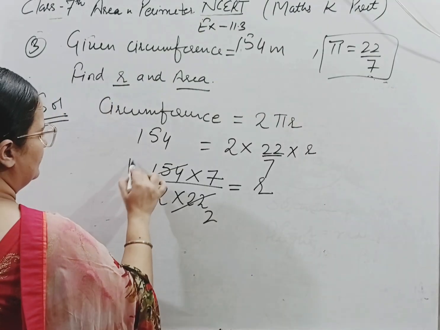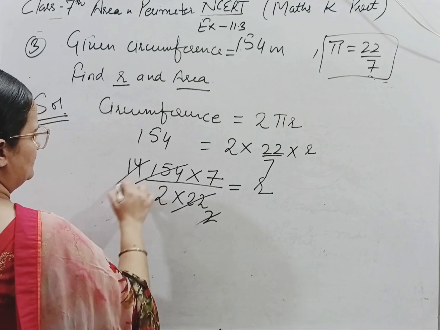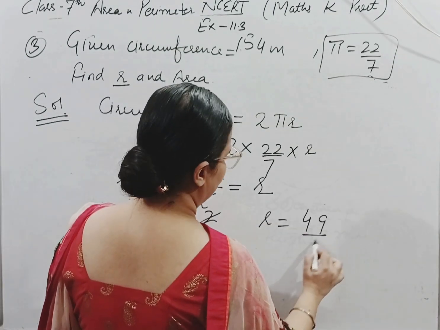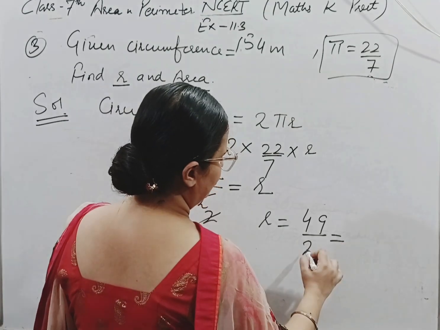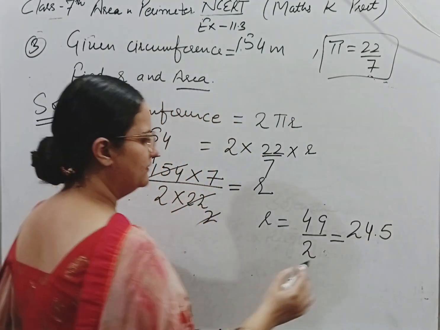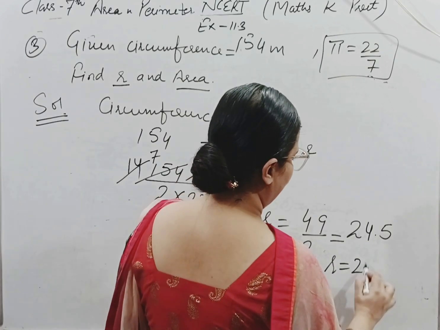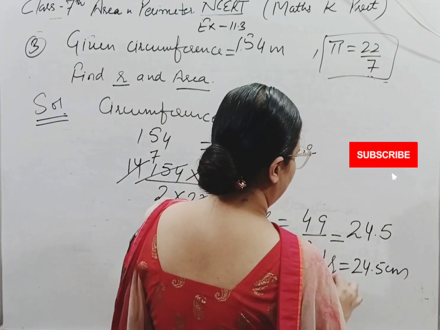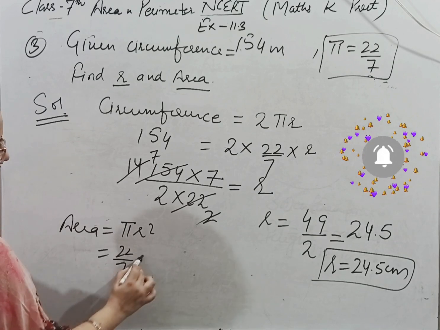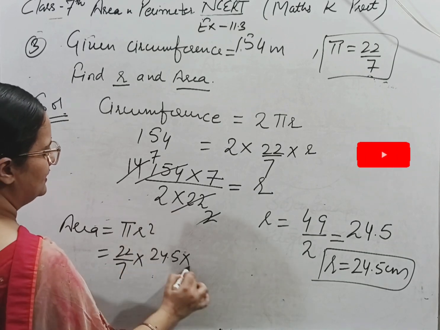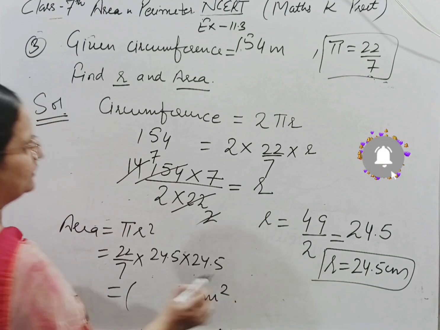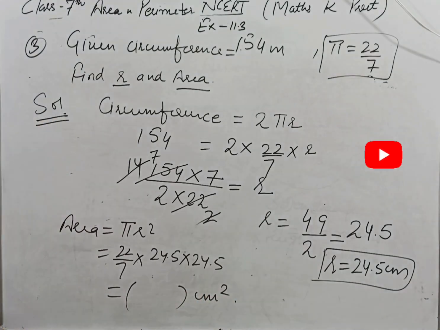So r will be 154 times 7 by 2 times 22, which simplifies to 24.5. So what is the value of r? 24.5. The area of the circle is pi r square. So we can put the values here, and after solving you can get your answer in square units for the area of this circle.